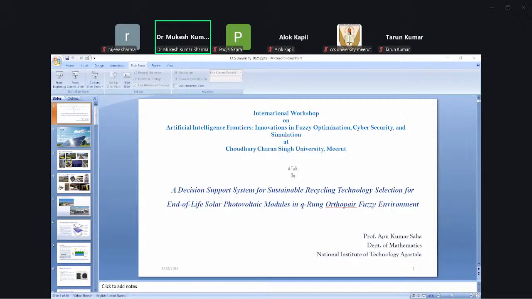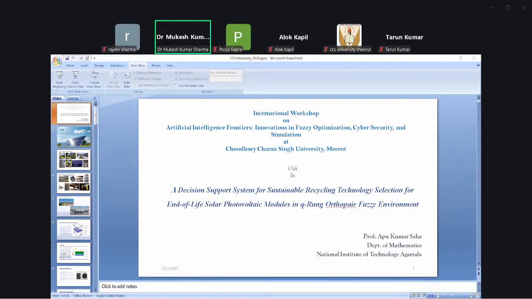Now these steps are important in calculation. If you want to know how the calculations are done, let us see. Step 1: calculate the aggregated values from the assessment of each decision maker using the q-rung orthopair weighted geometric operator. All these are there for C1, C2, everyone.